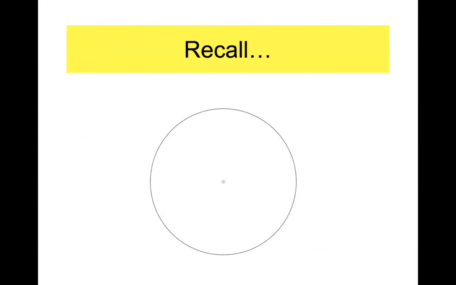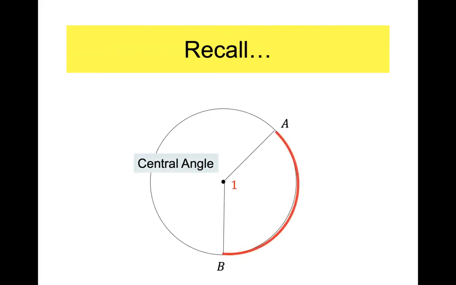All right, recall that we've been dealing with circles. Center of a circle, if you go outward from the center of a circle with two segments, you make a central angle and you make an arc. So we have central angle, angle 1, and we have minor arc AB. The relationship between the central angle and the arc that it forms is that they are not congruent because they're two separate things.